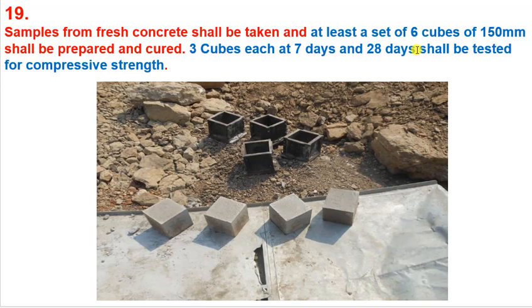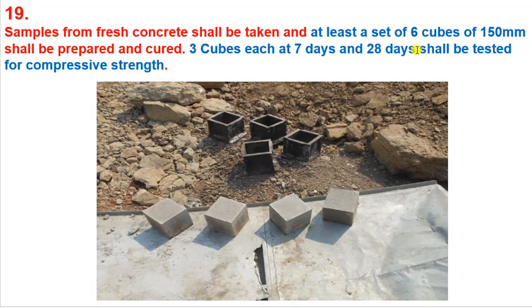What is the reason for doing double testing? Like we are testing 3 cubes after 7 days and 3 cubes after 28 days. This double testing is done so that if the 7 days strength is found inappropriate, then the cubes may be discarded to save 28 days.